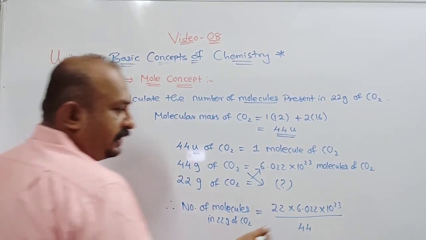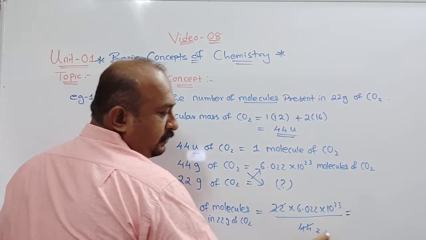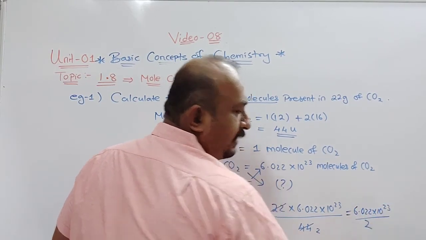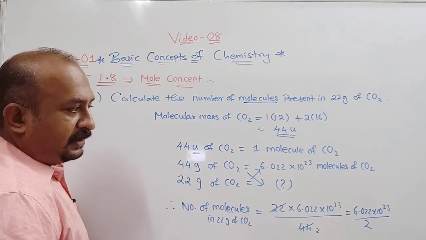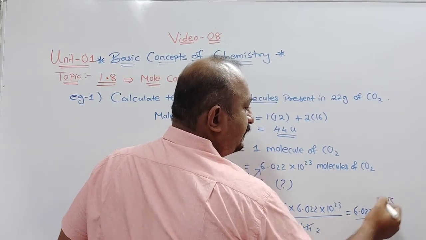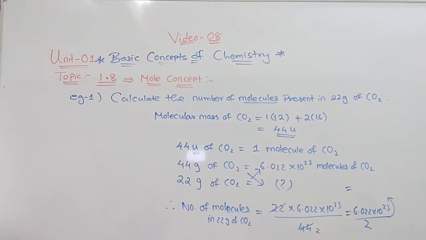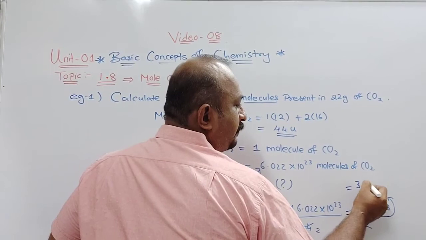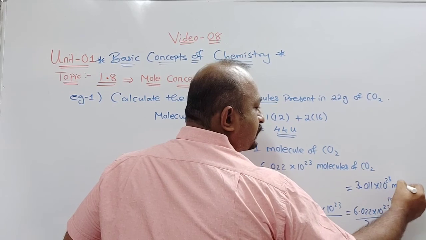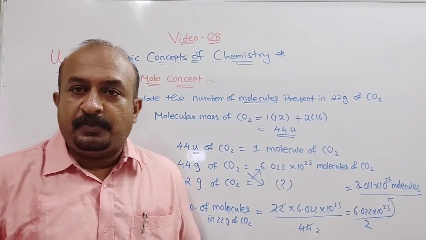You can simply cancel 22 ones are 22 and 22 twos are 44, so it is 6.022 into 10 raised to 23 divided by 2, which is equal to 3.011 into 10 raised to 23 molecules. Understood? This one also you can write down in your fair book as an example of mole concept.